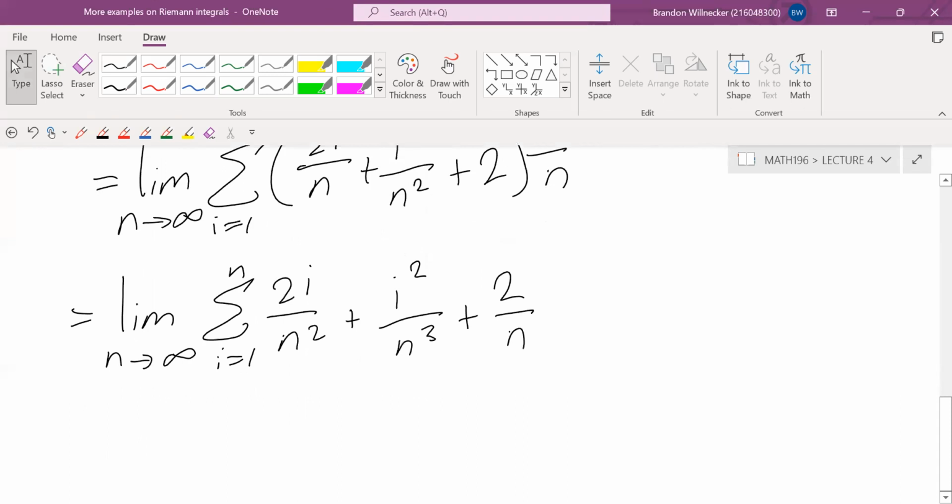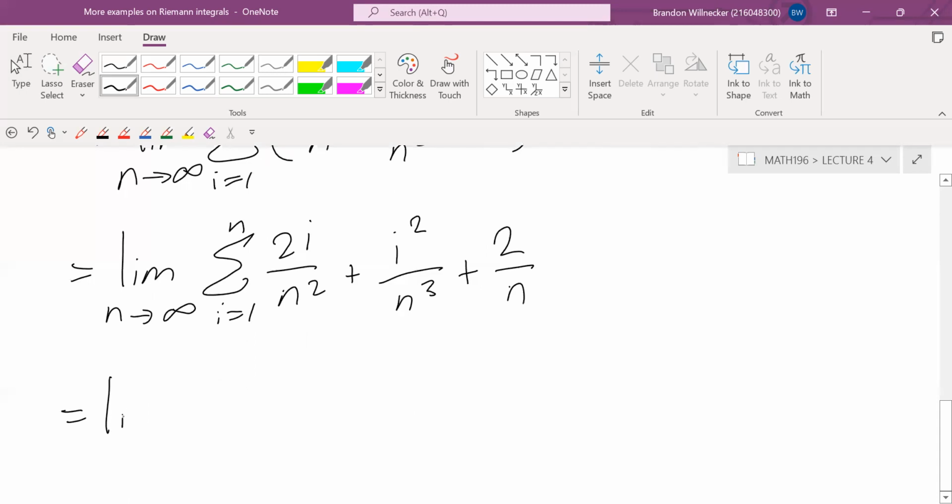Next, we can do the same thing that we did last time. We're going to separate this out into individual sums because that's a lot easier to work with. So this will be the limit as n goes to infinity of, now this 2 over n squared, we can factor that out because it doesn't depend on i. The n cubed, we can factor that out. And this whole 2 over n, we can factor that out as well.